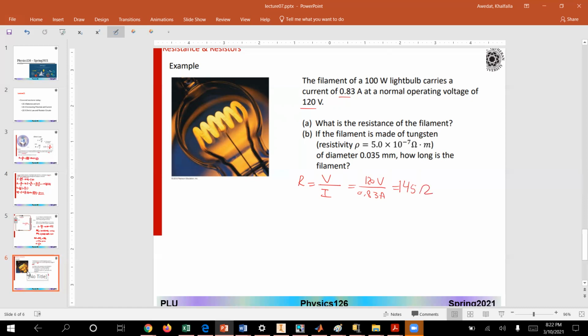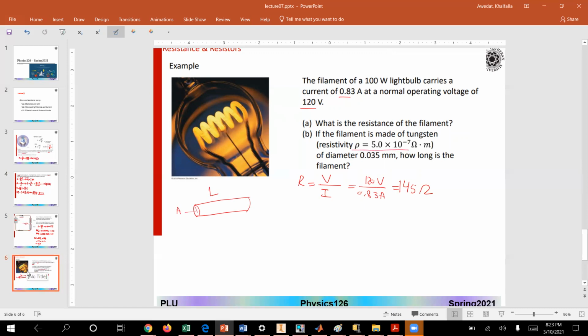The second one, what do we have? We have a wire with basic information about it. The charge goes through the wire, and the wire has a length L, and it has a cross-sectional area, we call it A, and we have the material of that one. It has a resistivity, which we call rho.